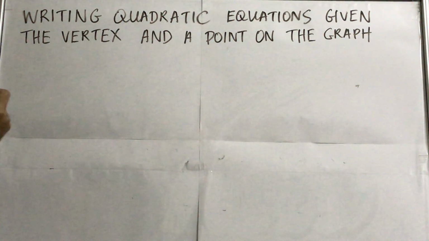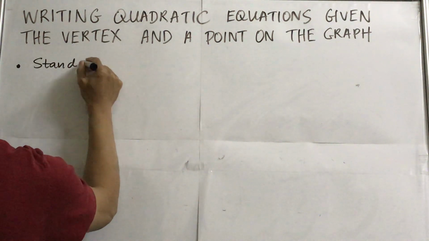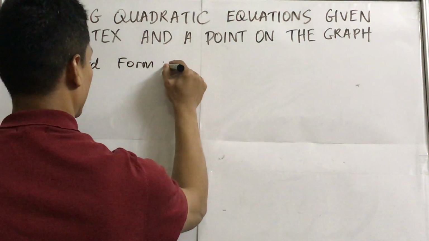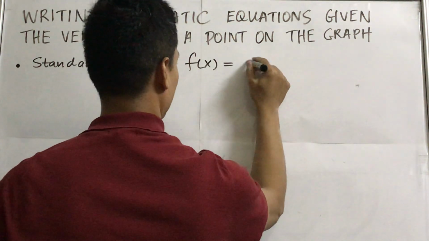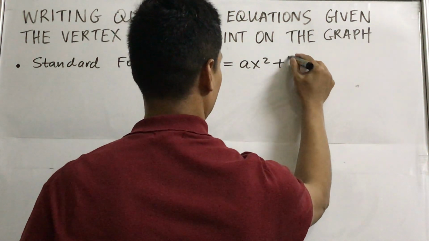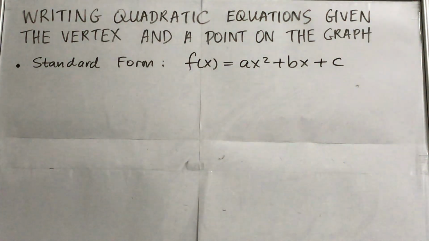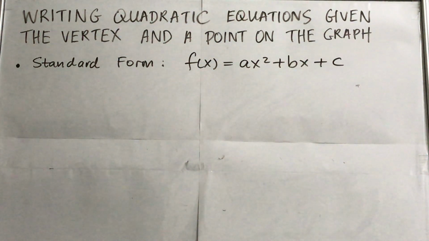One is the standard form, which looks like f of x equals ax squared plus bx plus c. Now a, b, and c are constants. We have to be given those numbers to find out what the function is.